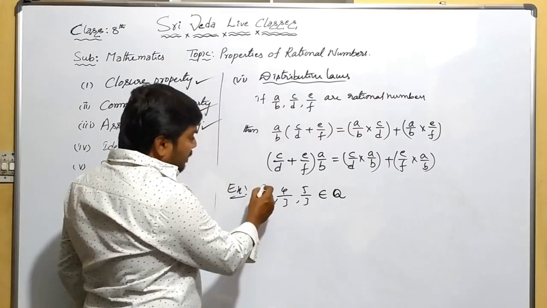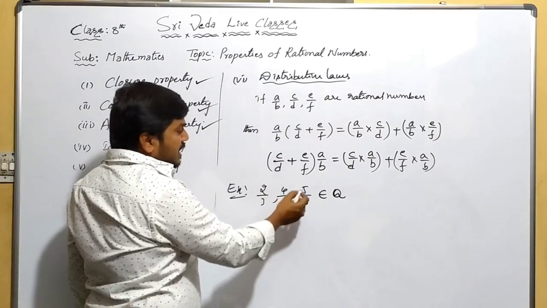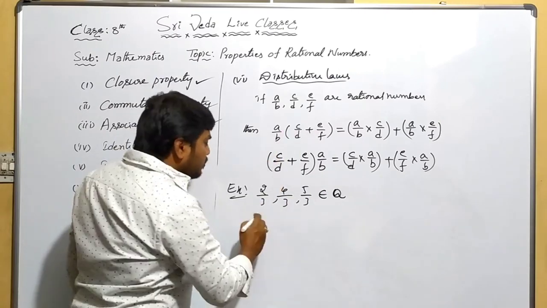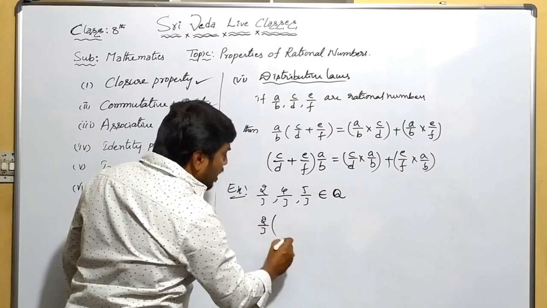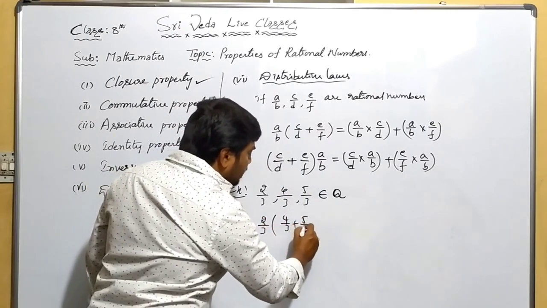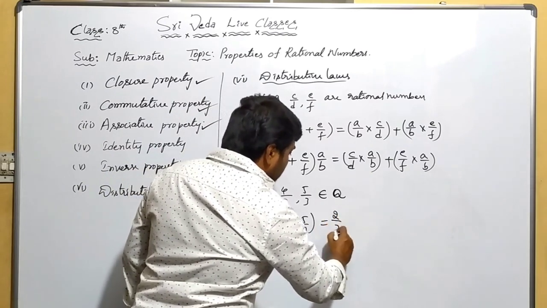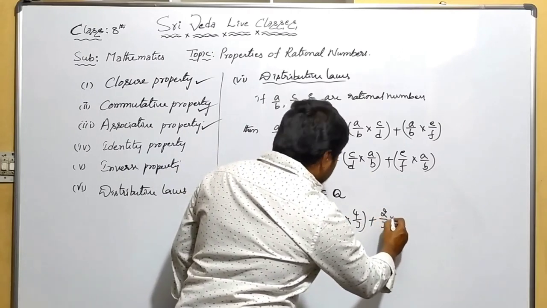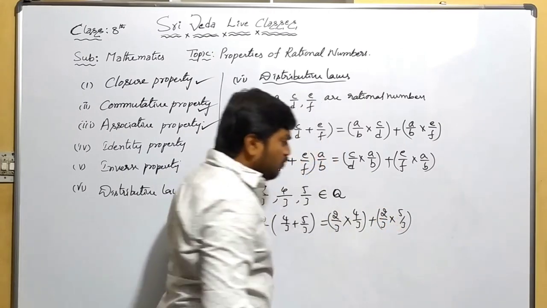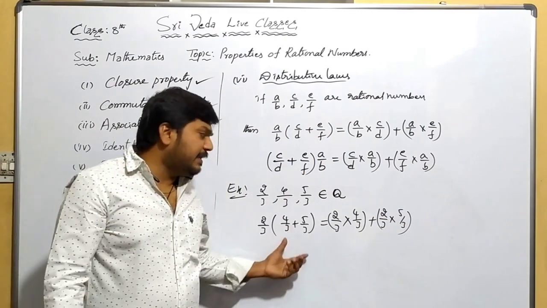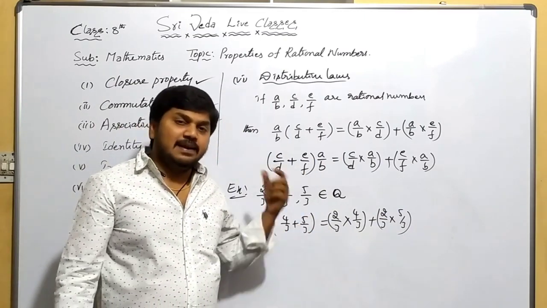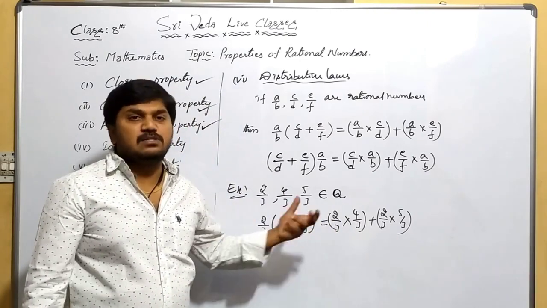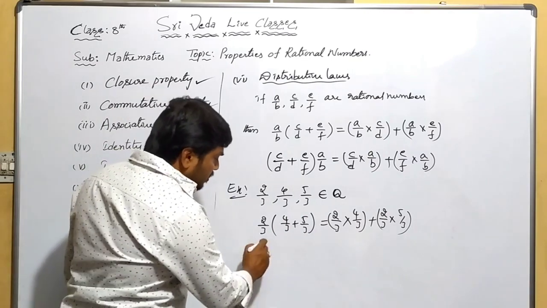Imagine this is A by B, this is C by D, this is E by F. Now, is 2 by 3 of 4 by 3 plus 5 by 3 equal to 2 by 3 into 4 by 3 plus 2 by 3 into 5 by 3? We need to verify whether it is satisfied or not. We can say it is satisfied if LHS equals RHS. Now observe the LHS.